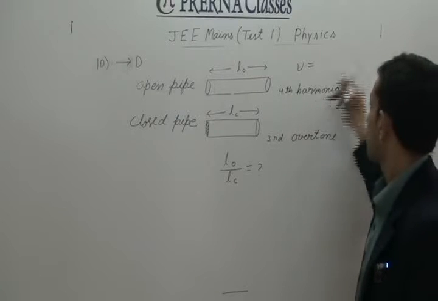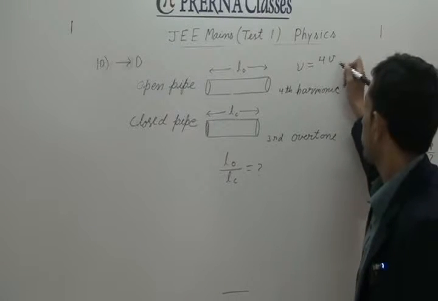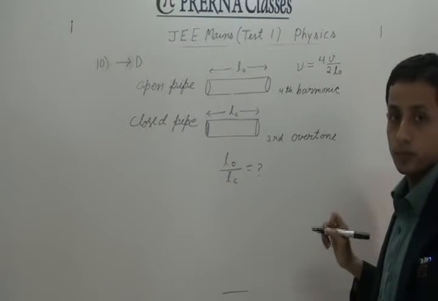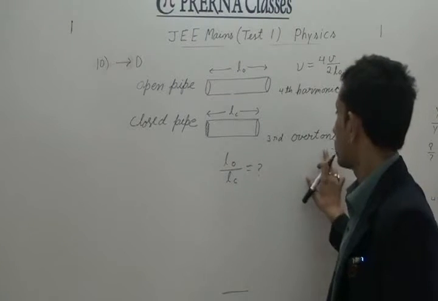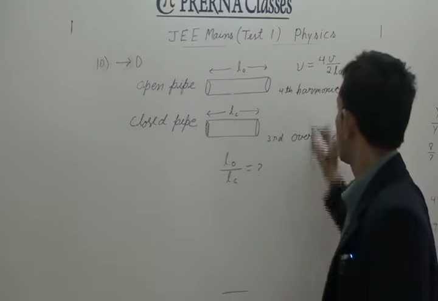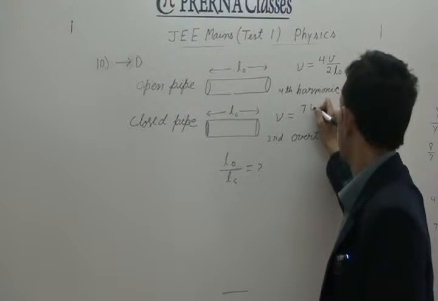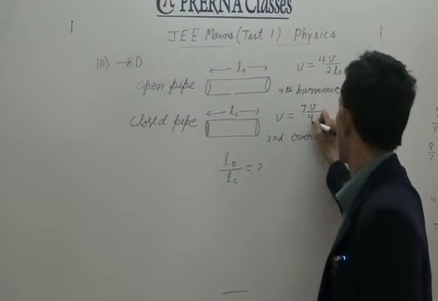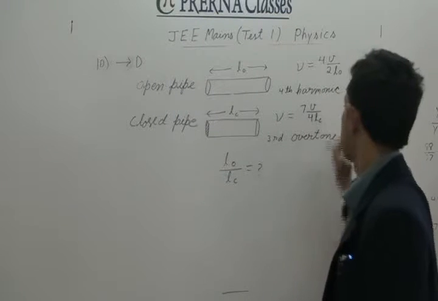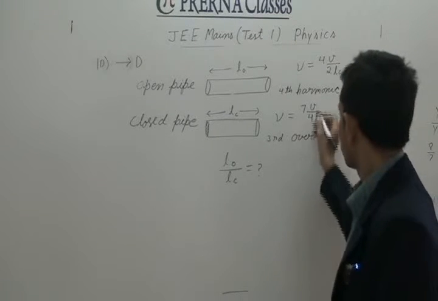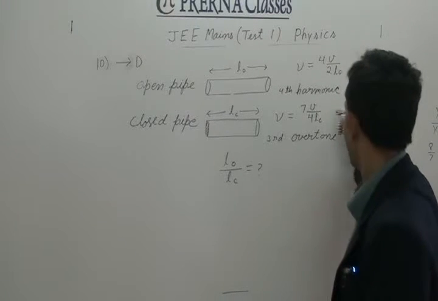So frequency for fourth harmonic of open pipe will be 4V by 2LO, and for third overtone of closed pipe frequency will be 7V by 4LC. We can see from where we have got this.